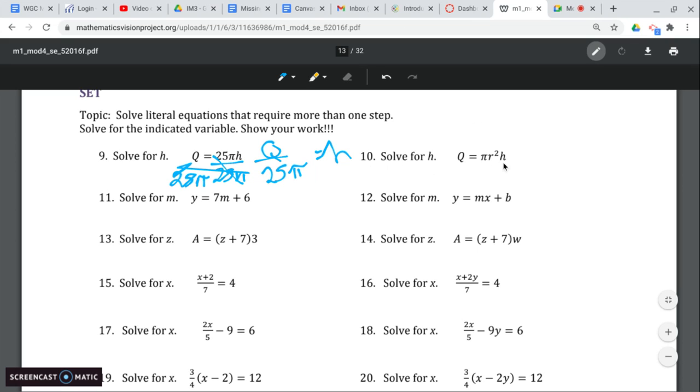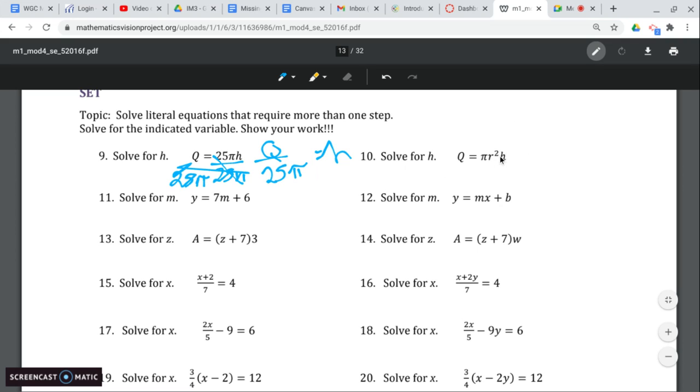For 10, notice the equation's fairly similar, but what happened? We got even more variables. So the equations in the left-hand column are the same as the equations in the right-hand column, except that the right-hand column has more variables in it. There's less numbers and more variables. To solve this one, we're still solving for h. Now we have Q equals pi r squared h.